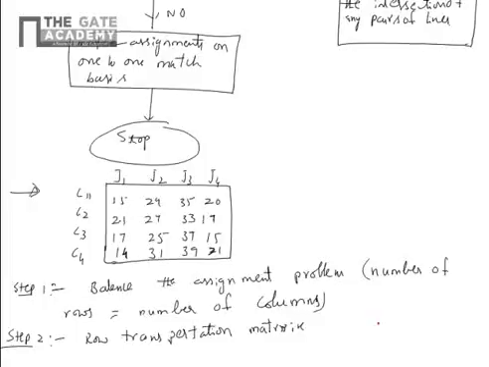Subtract the lowest value from all values in that row. For example, in the first row, C1 row, 15 is the minimum, so subtract 15 from the other values. In the second row, 17 is the minimum, so subtract 17 from all other values.